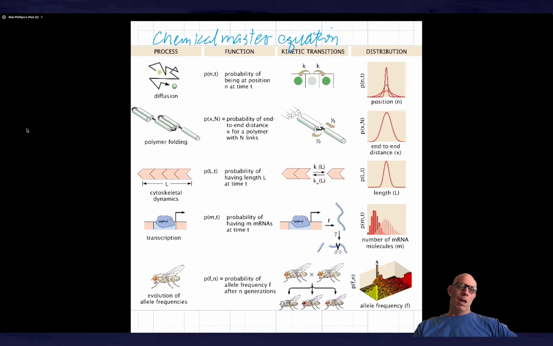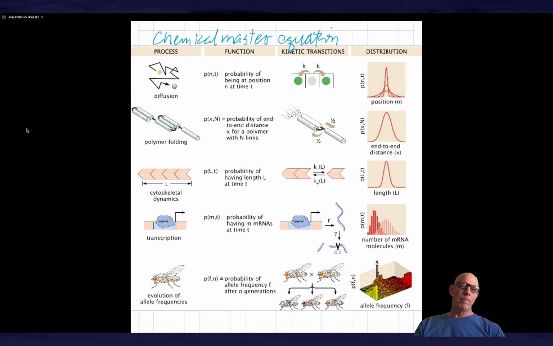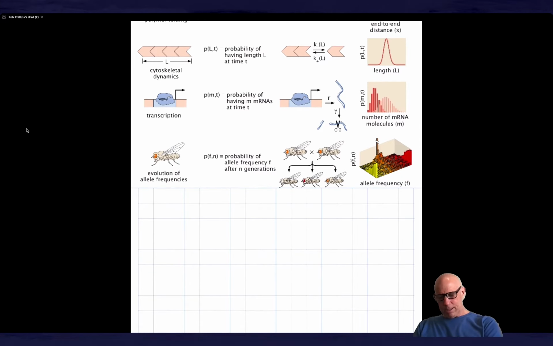And so what we're going to do is work out the chemical master equation for the mRNA distribution for a constitutive promoter, which is the thing that's shown here. We've already talked about the constitutive promoter. And what we want to do is work out the temporal dynamics.